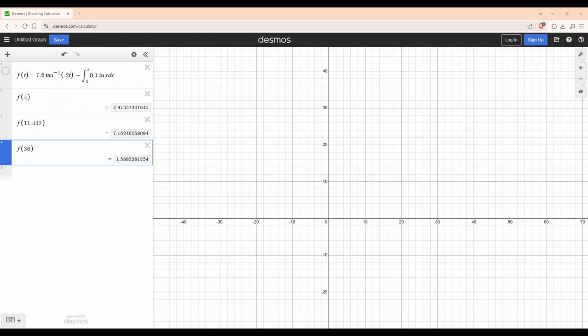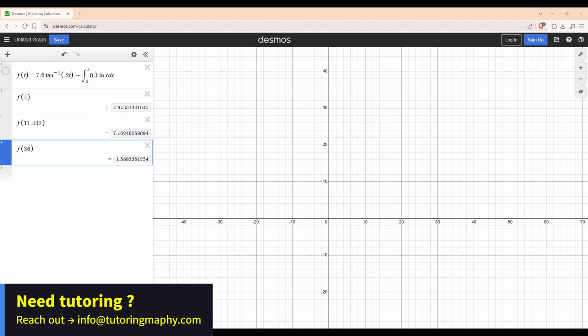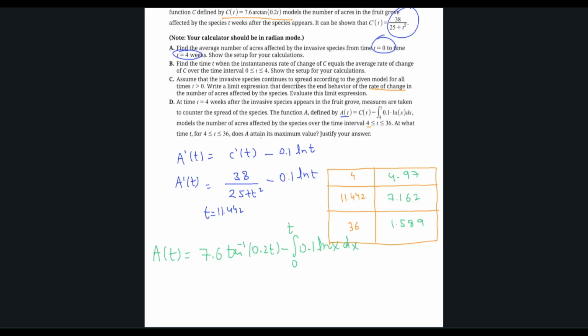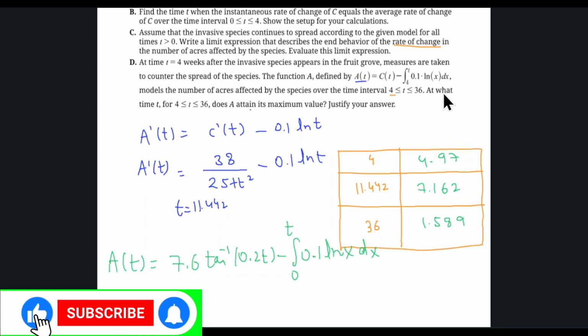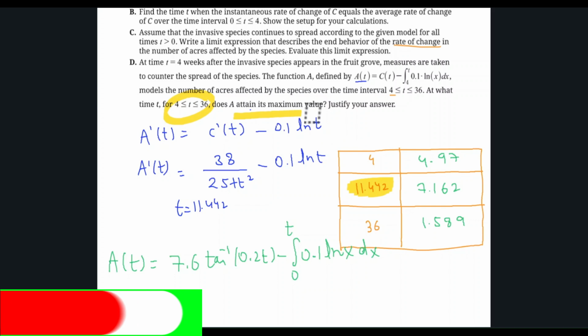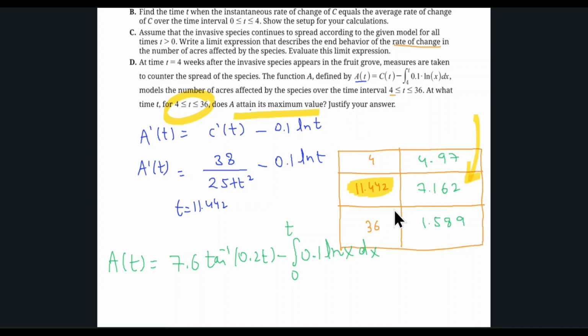So we have these 3 values here, and clearly we are looking for the maximum, which is obviously at the critical point. So our answer is going to be, they're asking at what time. So this is the time, or number of weeks between 4 and 36, when A attains the maximum value, and also the maximum value is this.